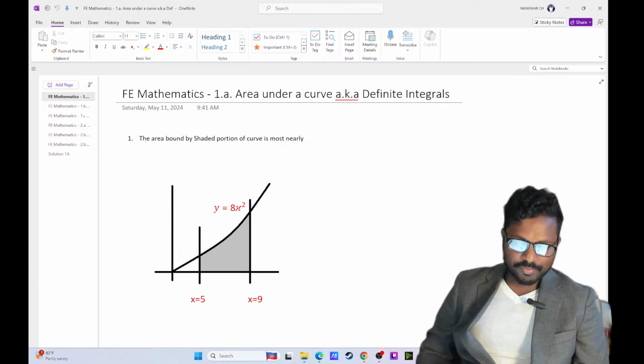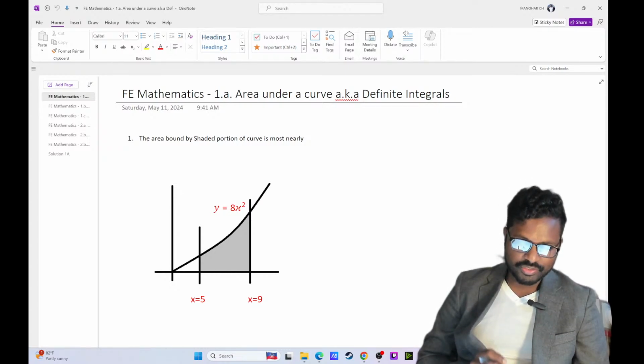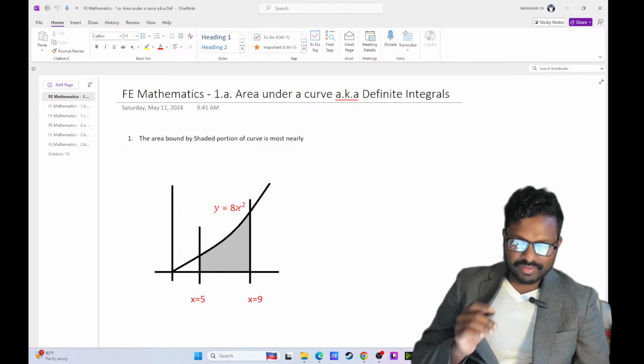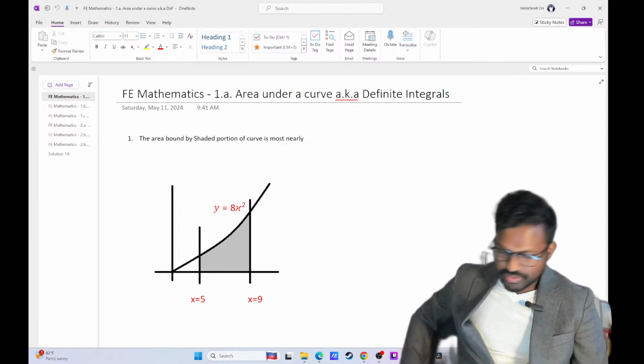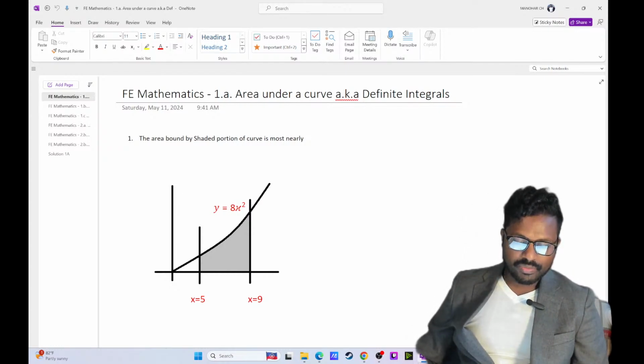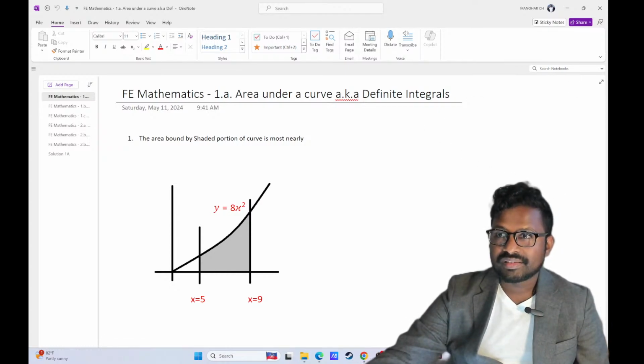In this kind of problem, you will see a curve passing through the origin, where the x and y axes intersect. There are two limits, x is equal to 5 and x is equal to 9, and the curve equation is y is equal to 8x square. So okay, let me just restart.